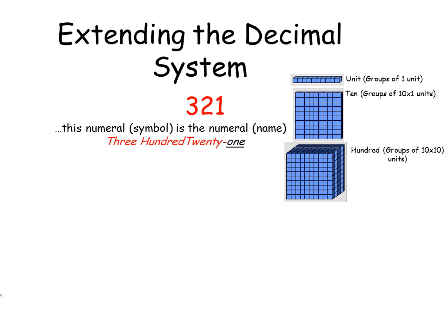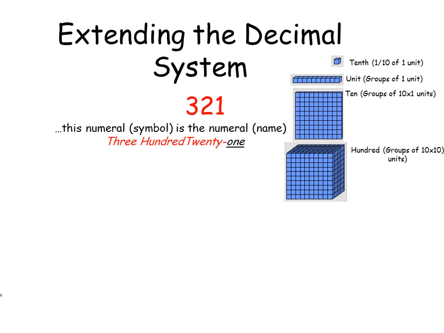However, my unit is a rod. What might the smaller cube be? Well, it's 1/10 of a unit. So using the materials in this way allows us to model decimal numbers.